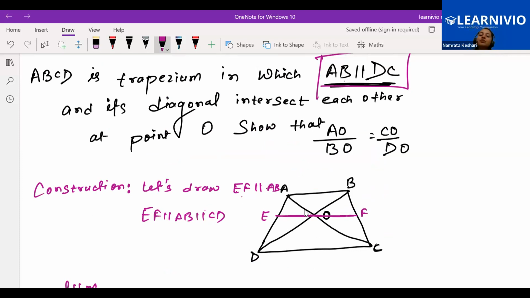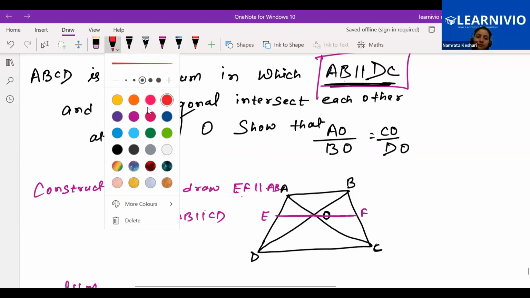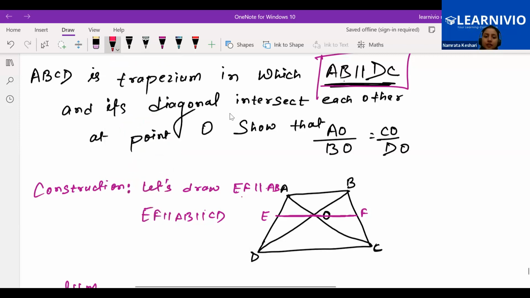And now we will be focusing on triangles. Can you see this triangle? Can you say there is a line EO that is parallel to the side AB? Yes, EO is parallel.